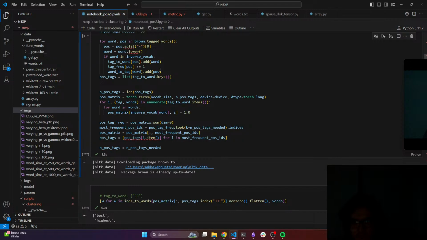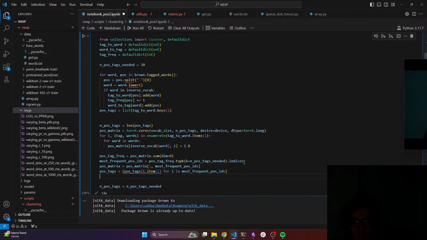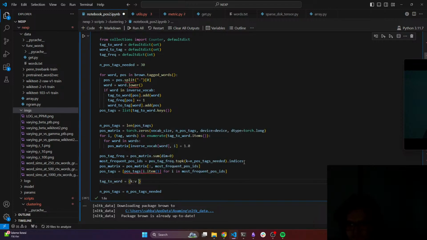Okay, so tag to word equals kv in tag to word dot items, if... okay, no, it's a set. No, if set I for I in v if I in vocab.